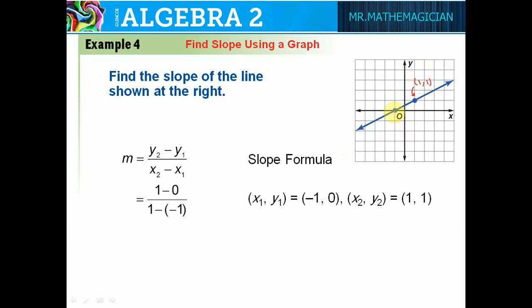This point, it's -1 and 0, it lies on the x-axis. So you have now 2 points, (-1, 0) and (1, 1). Apply the rule. So we have here 1 minus 0 over 1 minus -1. This will be 1 over 2, which means half, so the slope is half.